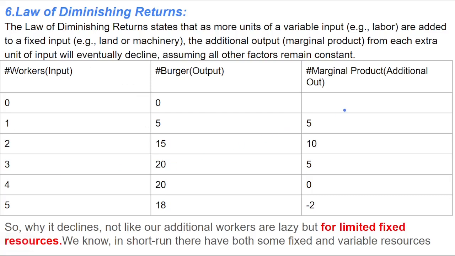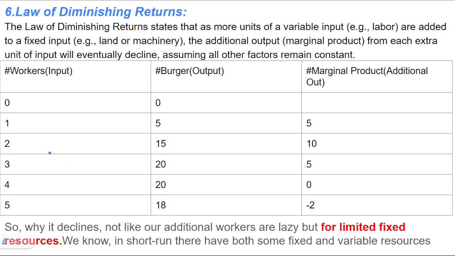So here we see what the additional output, or the marginal product, is. From 0 to 5, our marginal product, or additional output, is 5. From 5 to 15, our additional output is 10. And from 15 to 20, our additional output is 5, then 0, and then minus 2.